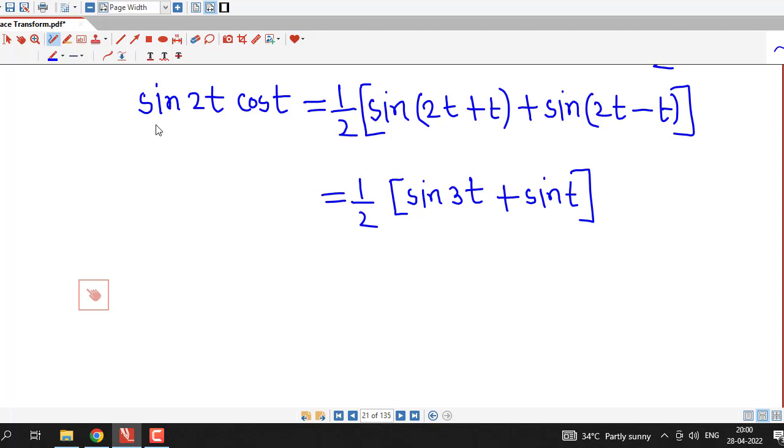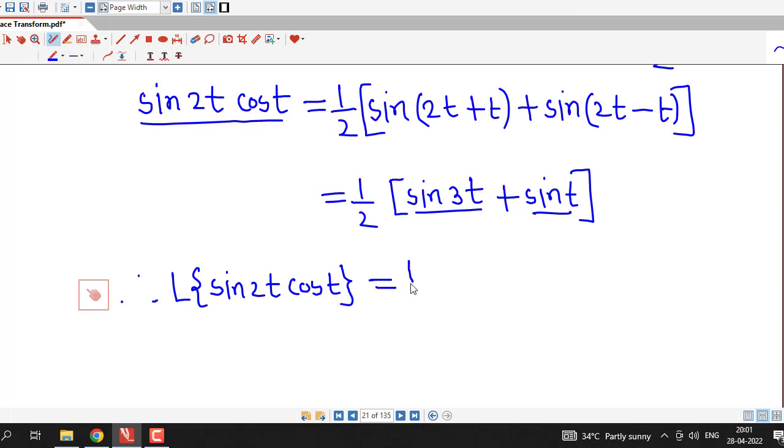So we have converted this product into addition of these two functions, and we have a ready-made formula for the Laplace transform of sin at. Using that formula we can find the Laplace transform of sin 2t times cos t, which equals 1/2 times the Laplace transform of sin 3t plus sin t.